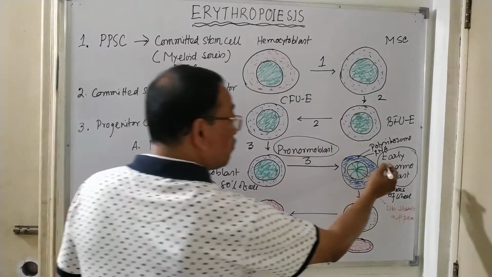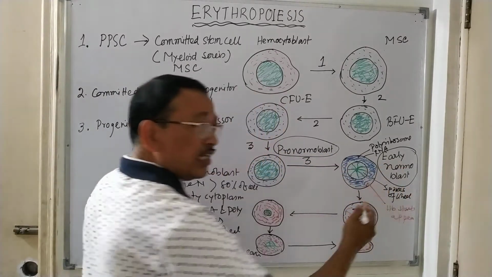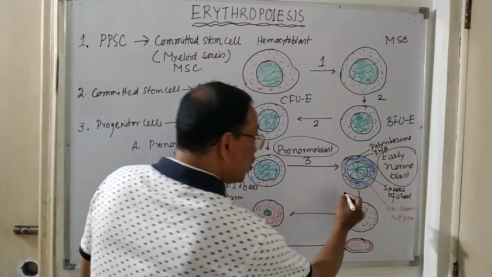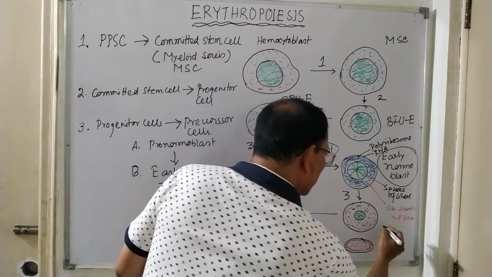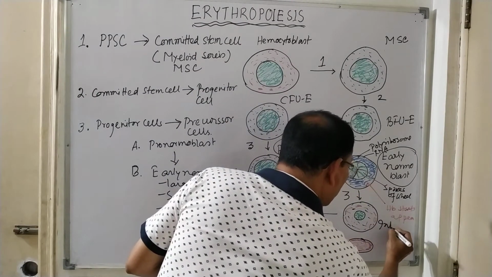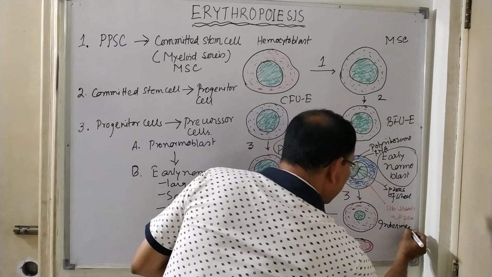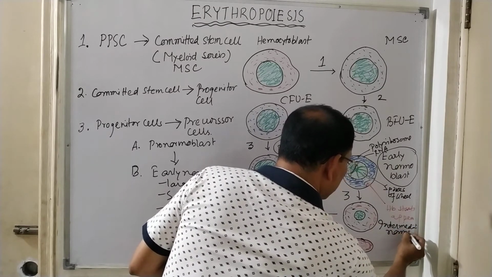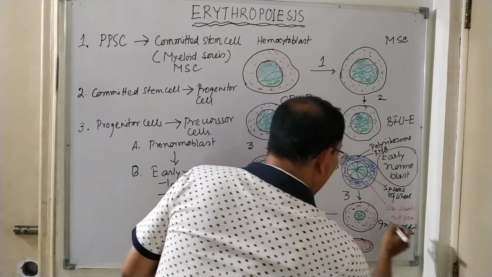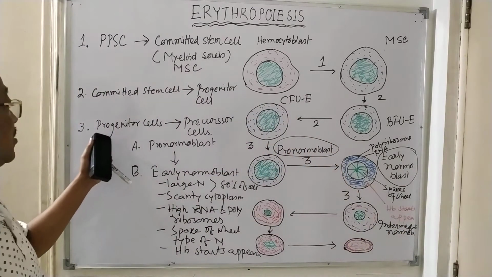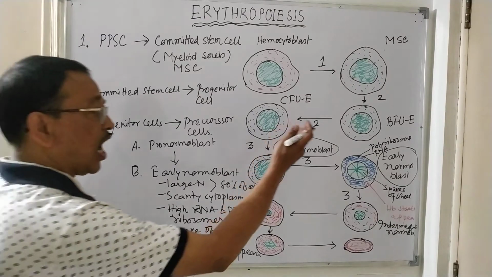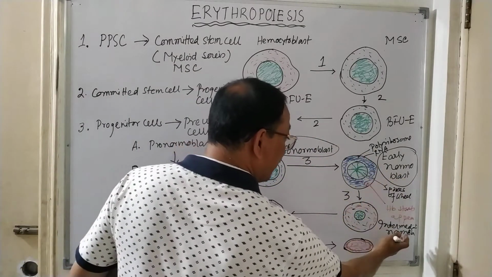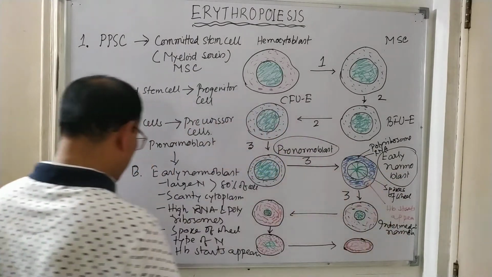Now this early normoblast is further differentiated to form the intermediate normoblast. So in the third stage, the early normoblast is further differentiated to the intermediate normoblast.